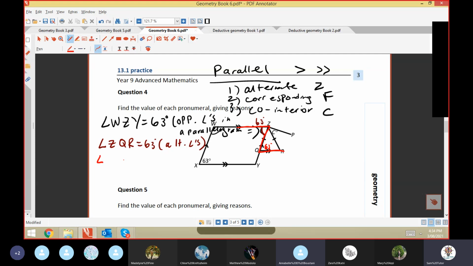And then angle ZRQ is also 63 because it's an isosceles triangle. You have to actually say base angles. Base angles of an isosceles triangle are equal. So then this one is also 63.